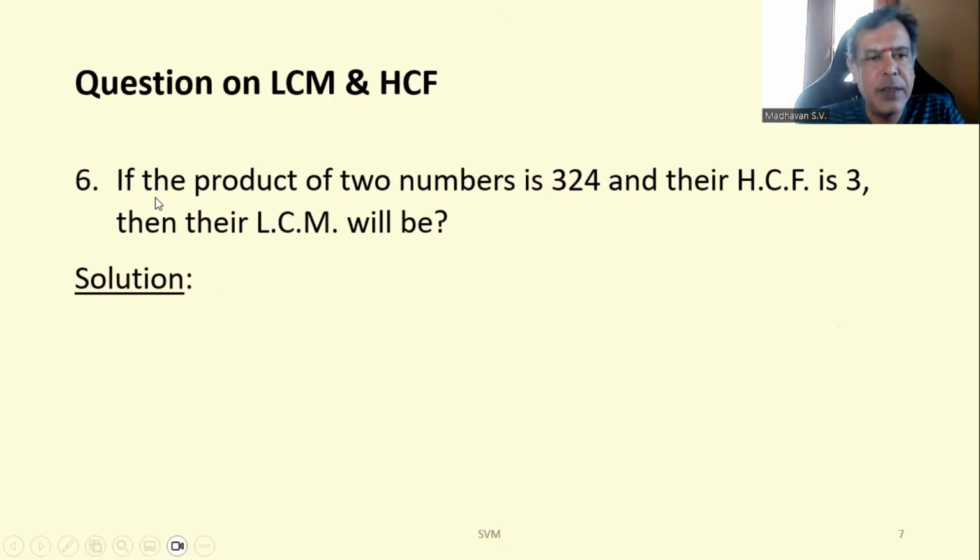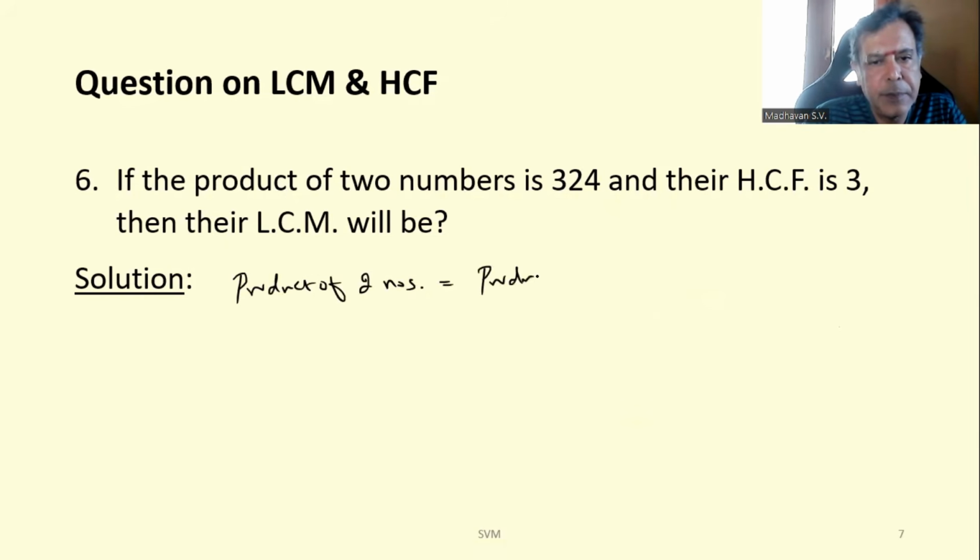Here, if the product of 2 numbers is 324 and their HCF is 3, then what will their LCM be? Product of two numbers is equal to the product of LCM and HCF.